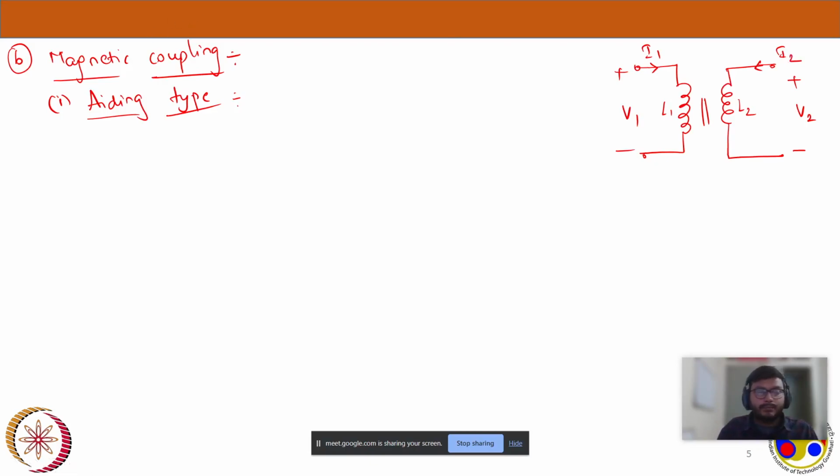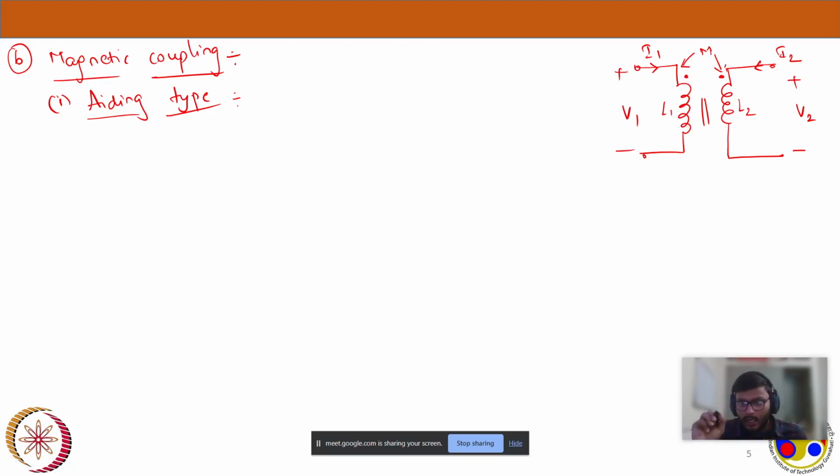And I am placing the dots now. Dot placement is important. So I have placed dots at these two positions. Now my mutual inductance will exist between these two points. Now everything is there. This is the magnetic coupled circuit.